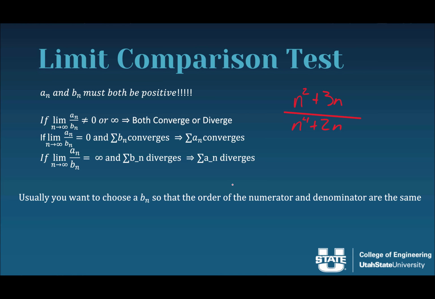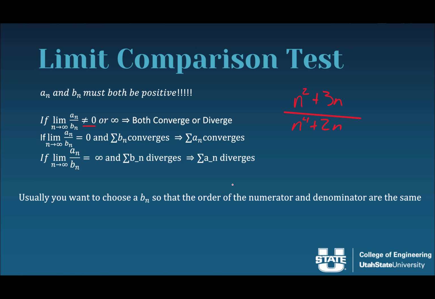Or if it equals infinity, we can say if one diverges, the other diverges. Usually we're shooting for the doesn't equal 0, because that's the one that'll tell us for sure what's going on, right? So usually what we want to do is choose a b sub n so that the order of the numerator and denominator are the same. I know that was a lot of words.